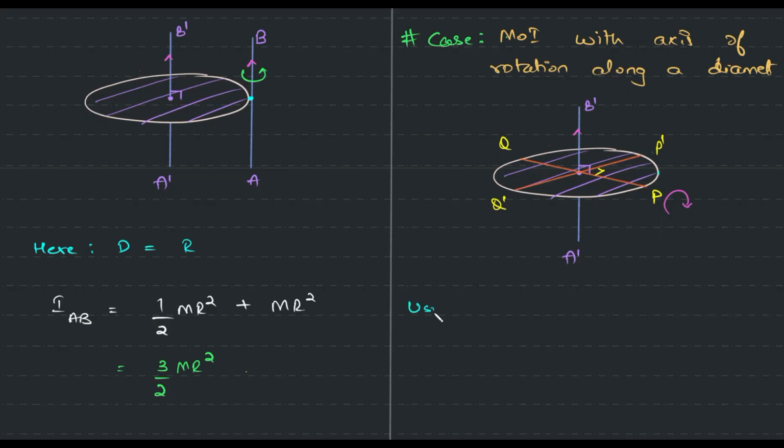So using the perpendicular axis theorem, moment of inertia through PQ plus moment of inertia through P dash Q dash should be equal to moment of inertia through A dash B dash.